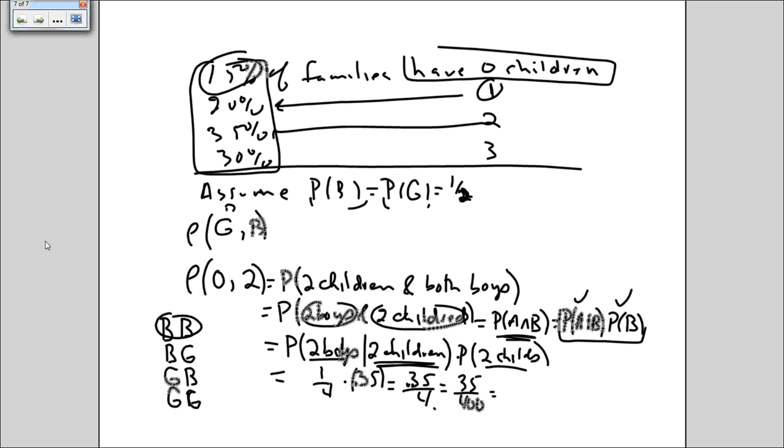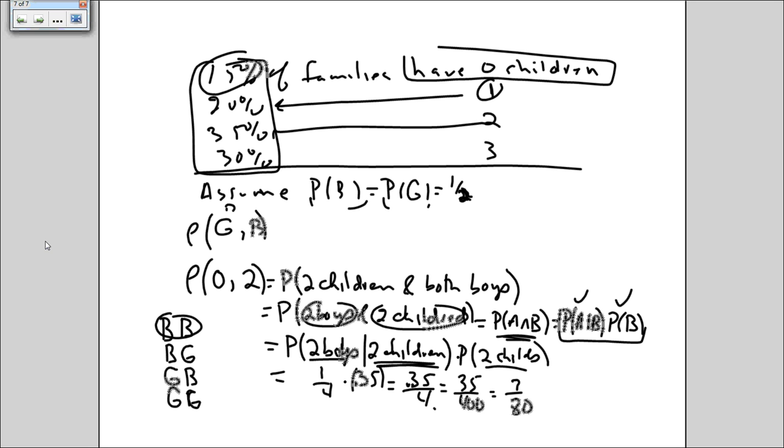And 5 goes into both of these numbers 7 times, and 80 times. So 7 out of 80 times, you will have 0 girls and 2 boys in this neighborhood.